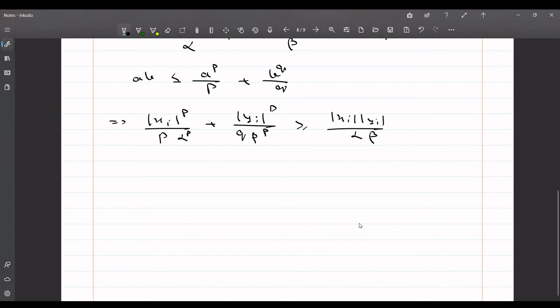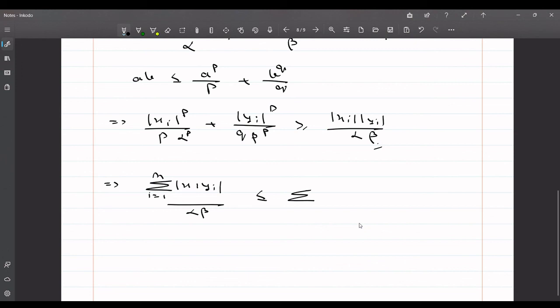Now we can use summation on both the sides. Right? So taking summation on both the sides, the summation of |xi| times |yi|, i equals 1 to n, over alpha beta is less than or equal to, okay, so I'm writing this first, the summation of this whole, and we can separate it, right?